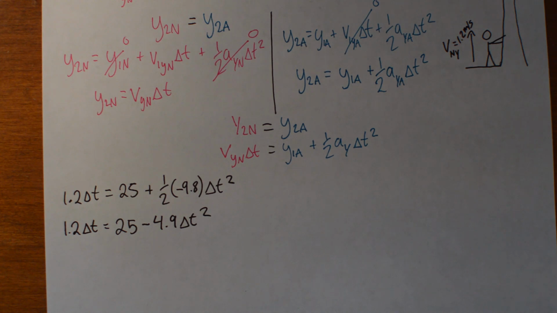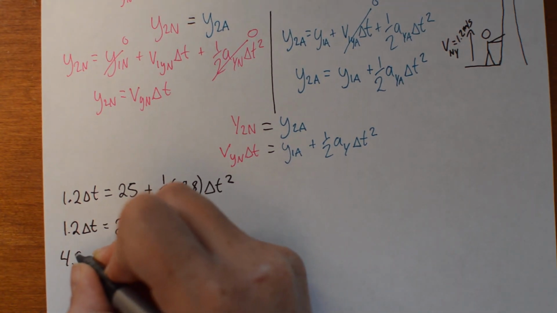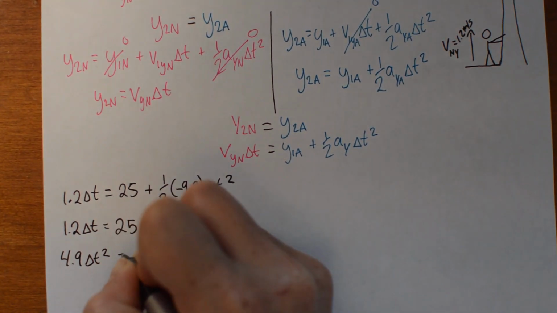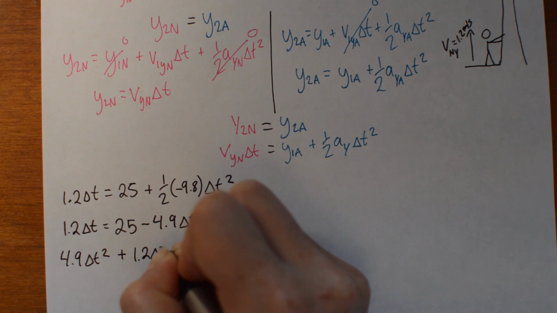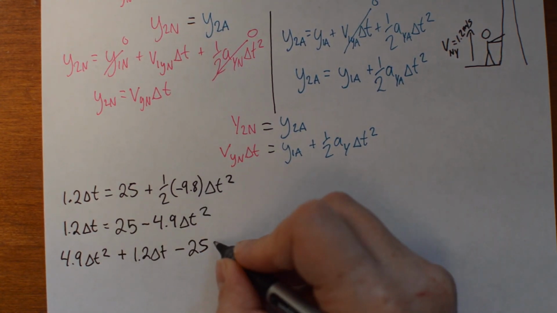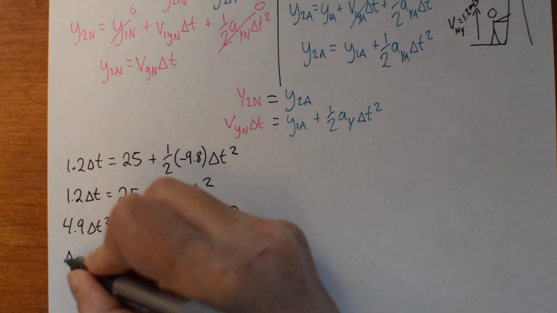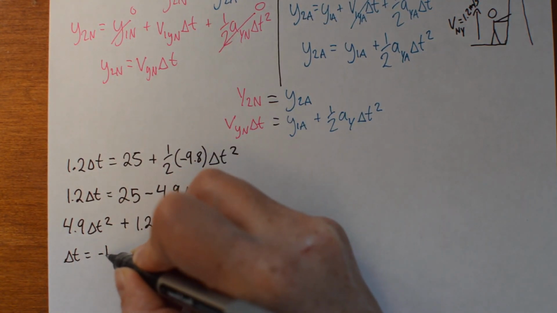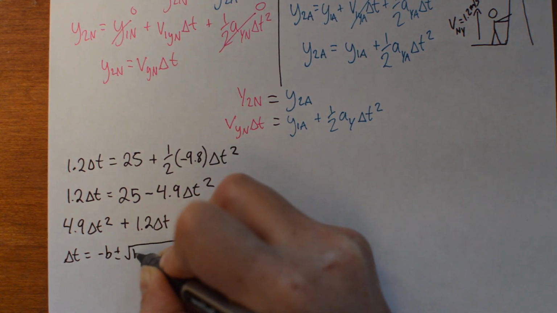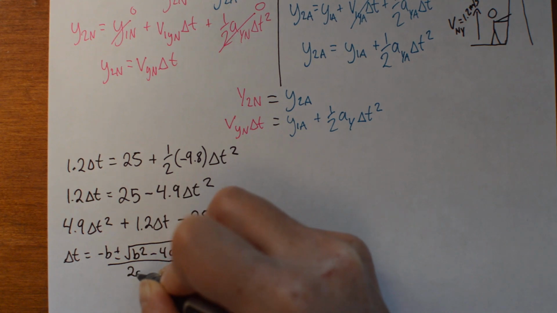To solve this quadratic, I'm just going to use the quadratic formula. So I need to put everything on one side. Maybe I'll put everything on the left side. So that gives me positive 4.9 delta t squared plus 1.2 delta t minus 25. Right when it crosses over, it becomes negative, and that equals 0. So I use my quadratic formula. Delta t equals negative b plus or minus the square root of b squared minus 4ac all over 2a.